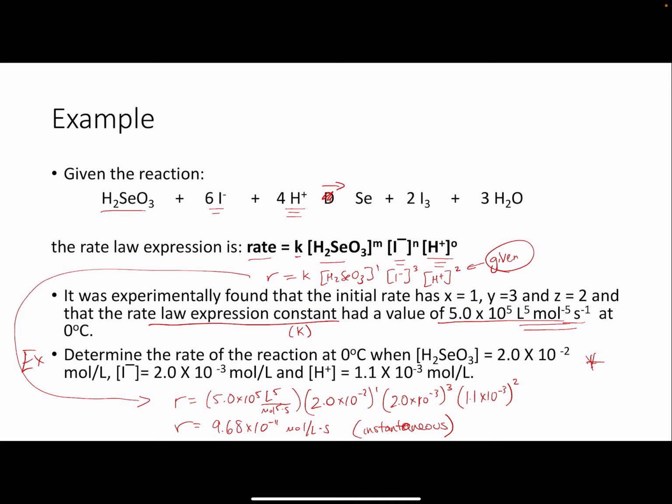So it's an instantaneous value. It's not dependent on time, and that's why it was the differential rate law. It's the math involved with calculating the slope of a tangent at one point in time, whereas with our integral rate law, we're looking at a larger timeline, so an average rate.